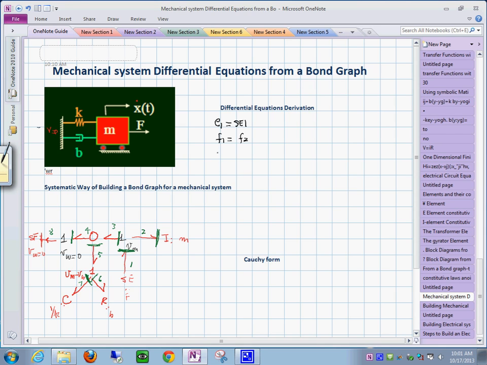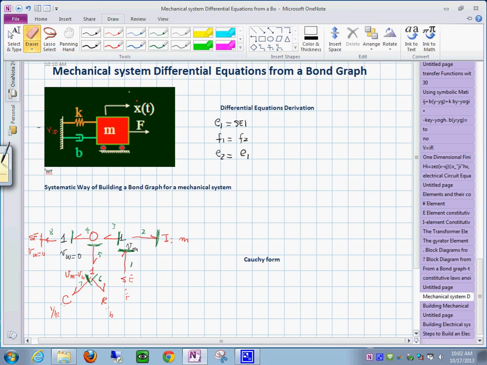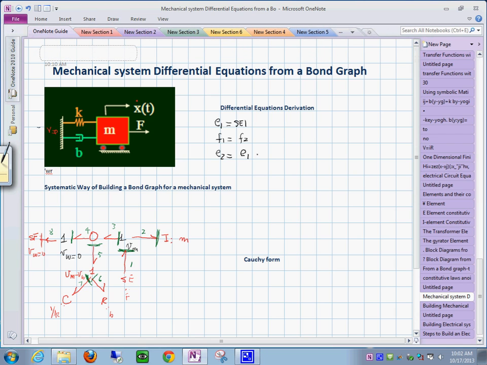What is E sub 2? E sub 2 is equal to E sub 1 minus E sub 3, right? So this is because of the one junction. So E sub 2 is E1, which is the input, minus E sub 3. So we need the eraser here for a second, and that is to put the right minus E sub 3.